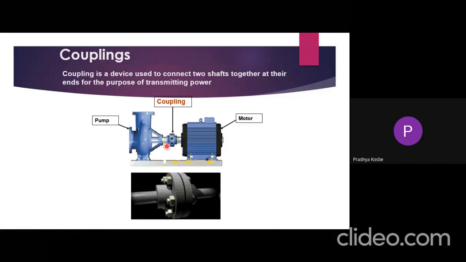And this part is a coupling. This coupling is connecting motor with pump with the help of this driving shaft and driven shaft. So coupling is a device which is connecting motor shaft with a pump shaft for transmitting the power from motor to pump.